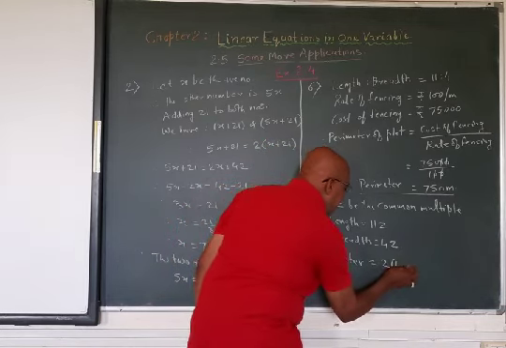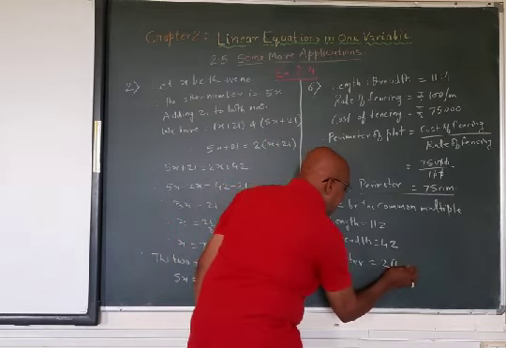Therefore, 10S minus S equal to 54. Therefore, 9S equal to 54. Therefore, S equal to 54 upon 9. Therefore, S equal to 6 years.